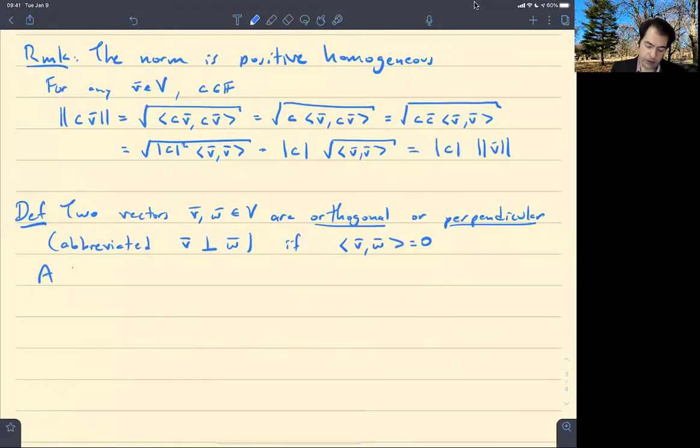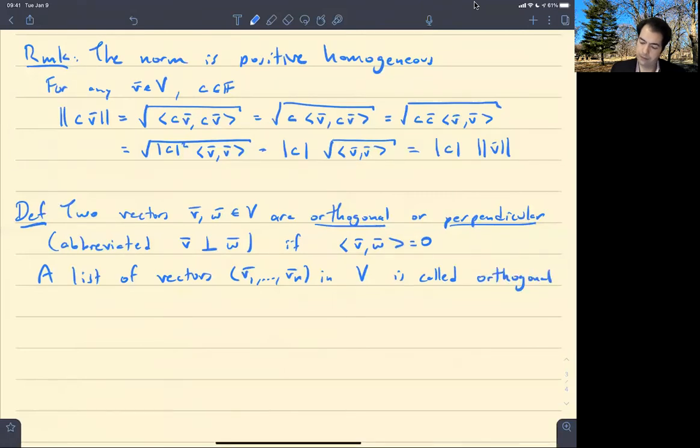A list of vectors, or a set of vectors, v1 through vn in V is called orthogonal if the inner product of vj and vk is equal to 0 whenever j is different from k.